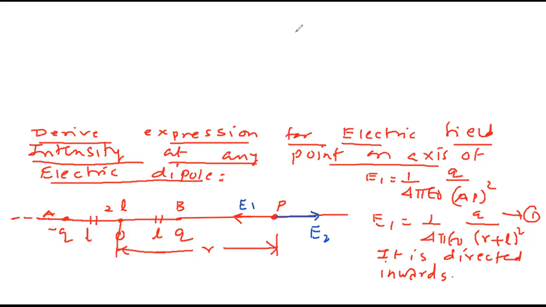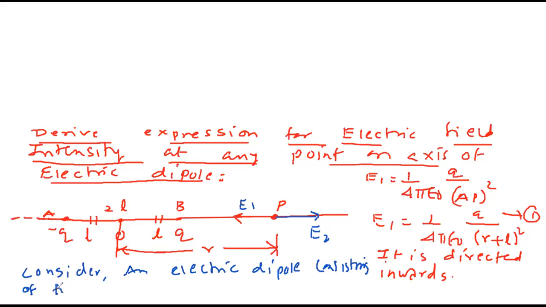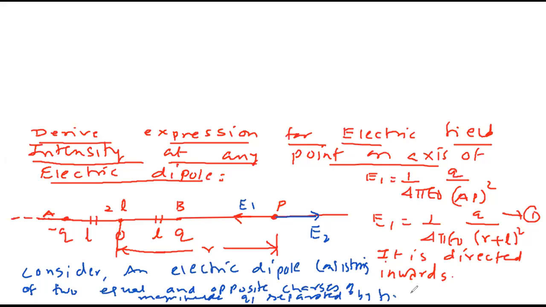Diagram over? Right. Consider an electric dipole consisting of two equal and opposite charges of magnitude q, separated by a finite distance 2l.